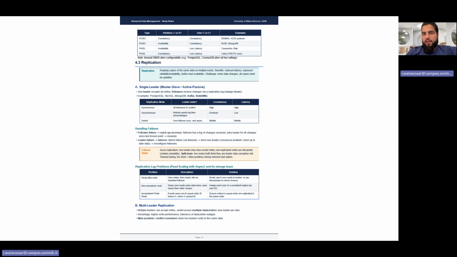If there is a partitioning and we are prioritizing availability, but in the else condition, we are prioritizing consistency. These systems are basically BASE compliance systems or MongoDB systems. Partitioning has occurred, but they prioritize availability, which we discussed last in the CAP theorem.